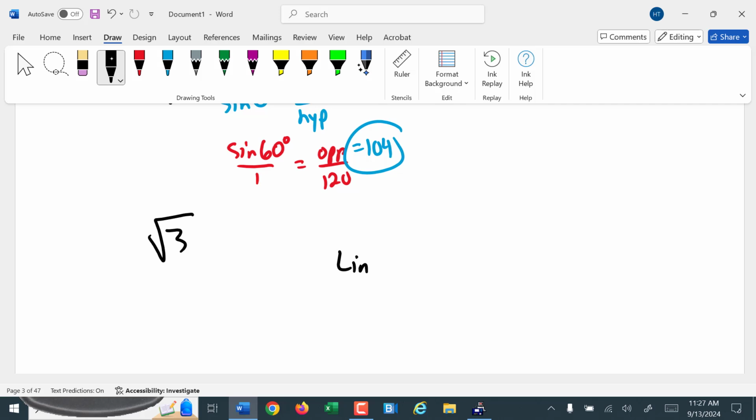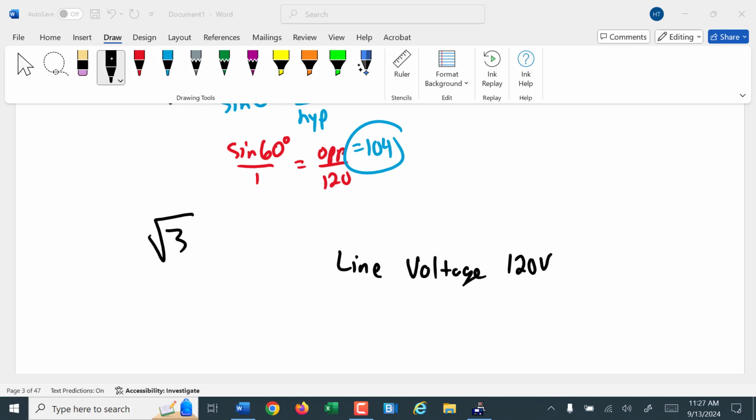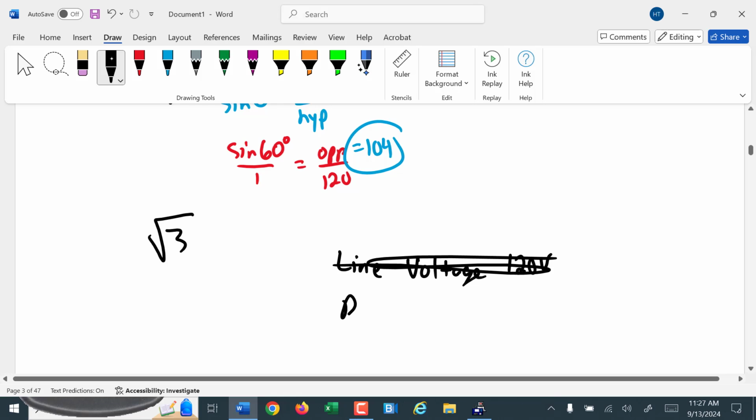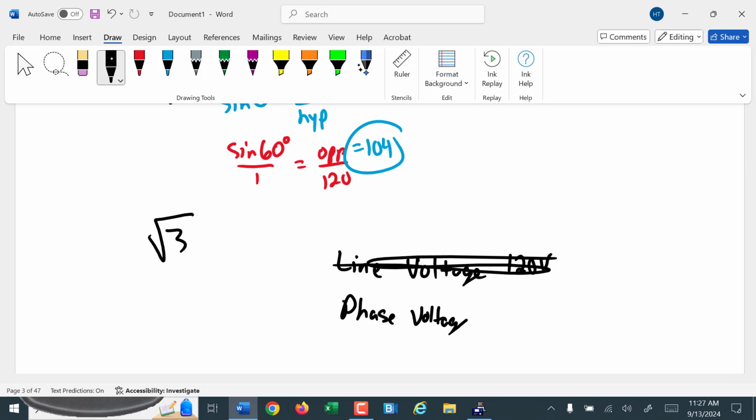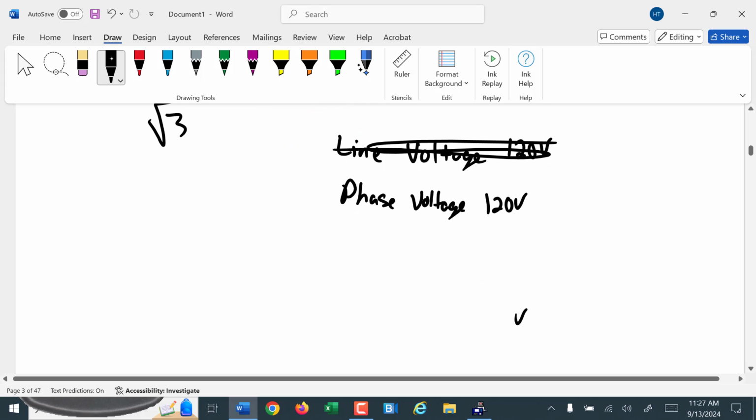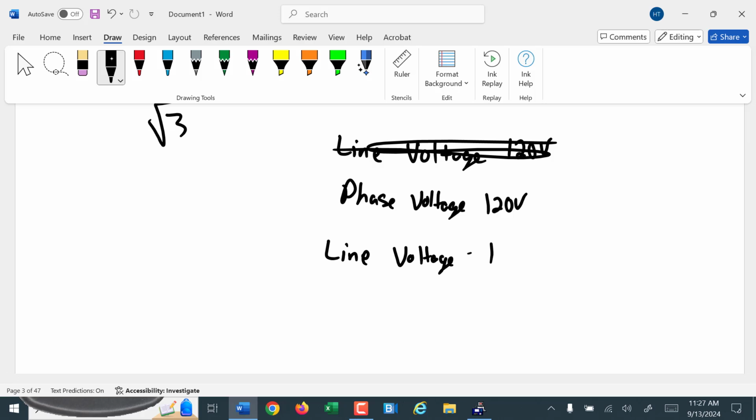If you have a phase voltage of 120 volts, so it's 120 volts in each phase, if you connect between those phases, your line voltage will be 120 volts times the square root of 3, which gives you the 208.